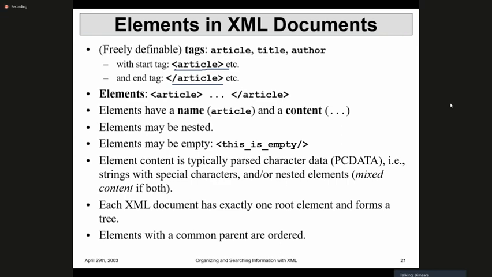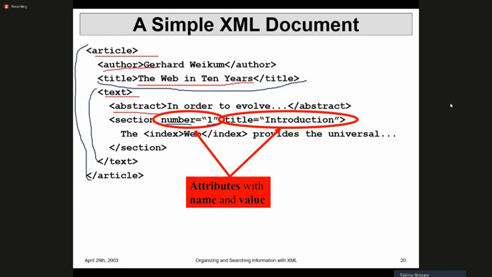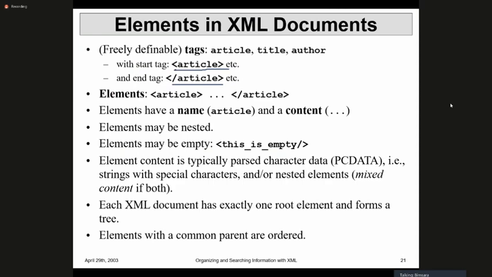As an example, you can see here, we have defined index inside section, author inside article, title inside article, abstract inside text. So that is what nesting elements, or nesting tags, means. Elements may be nested.